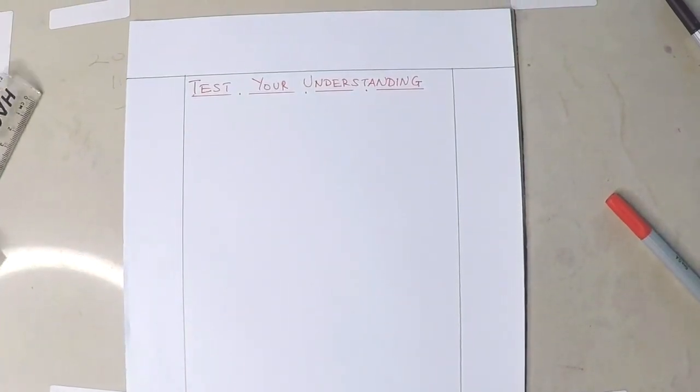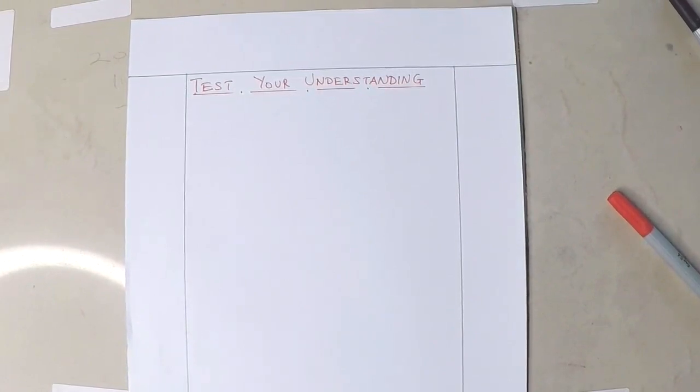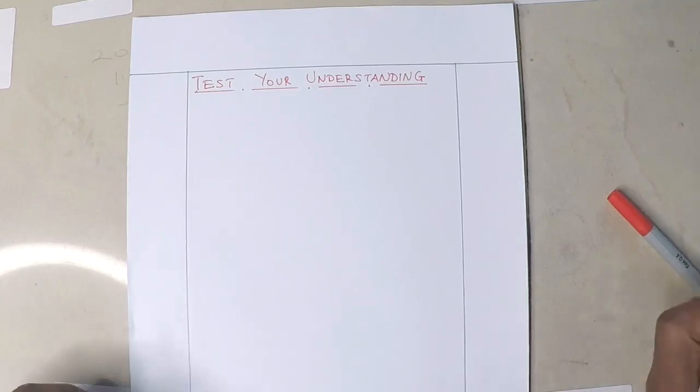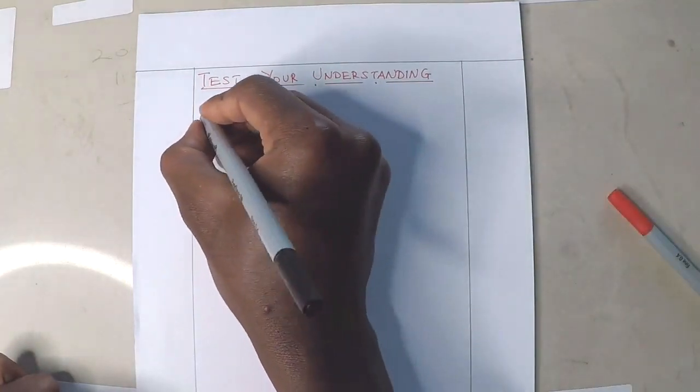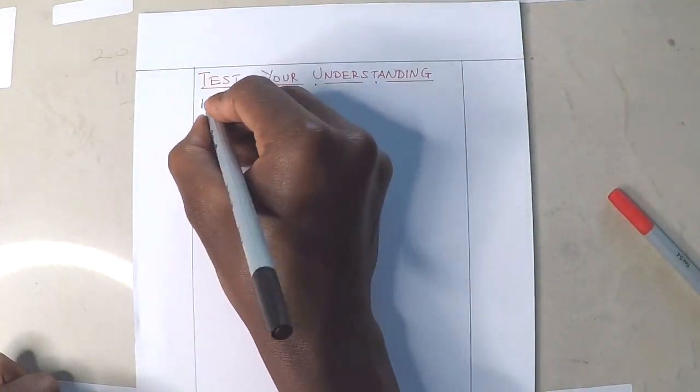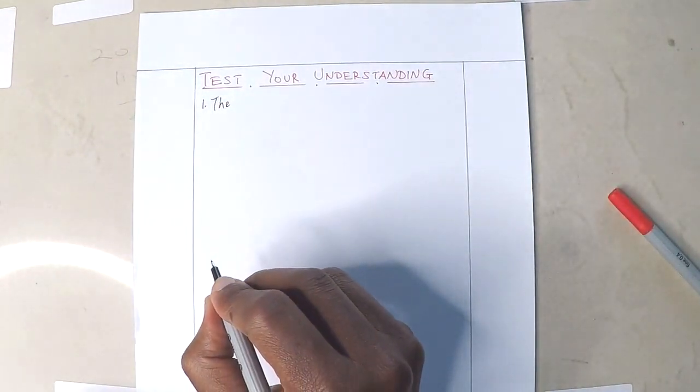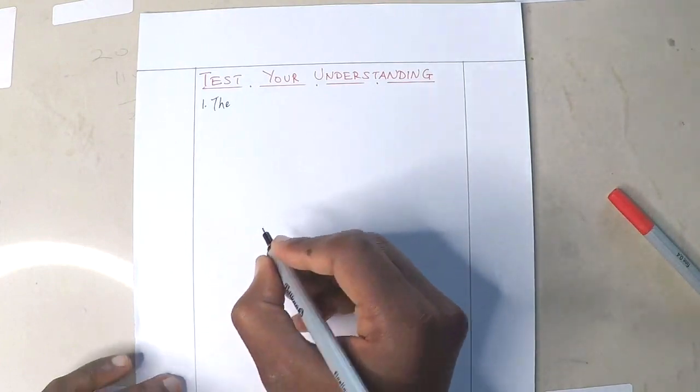And now it is time to test your understanding. Attempt the following question. The reduction potentials of the iron and zinc half cells are given here.